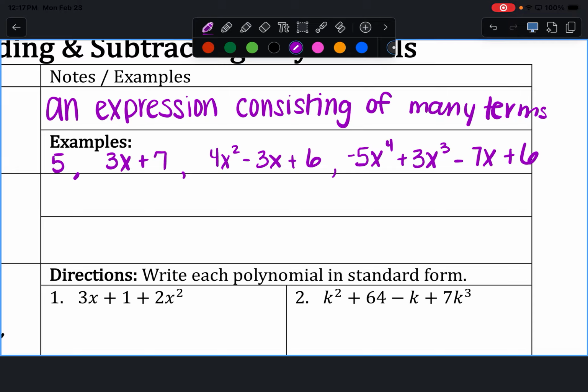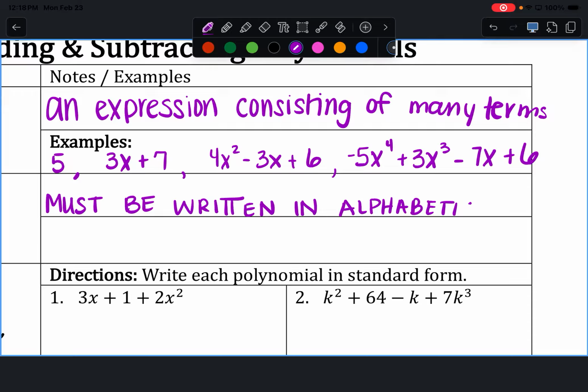So we're going to write here, must be written in alphabetical order with highest exponent first.